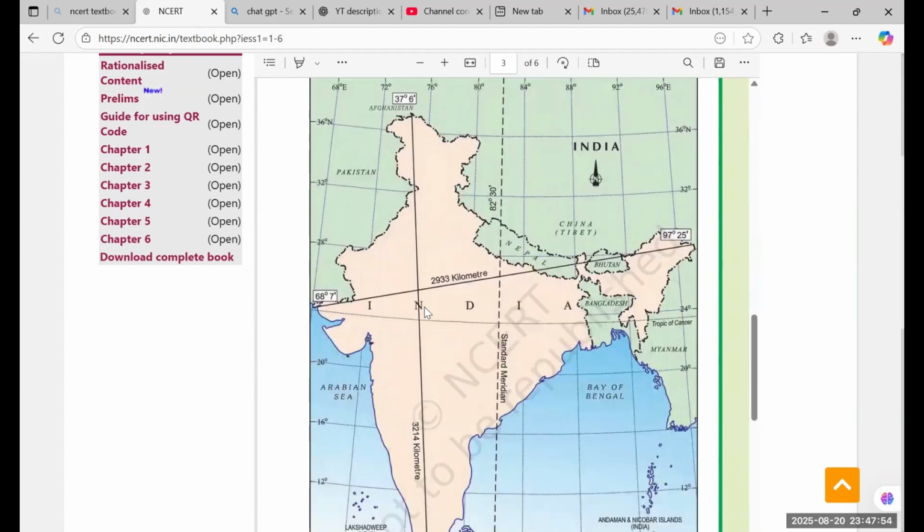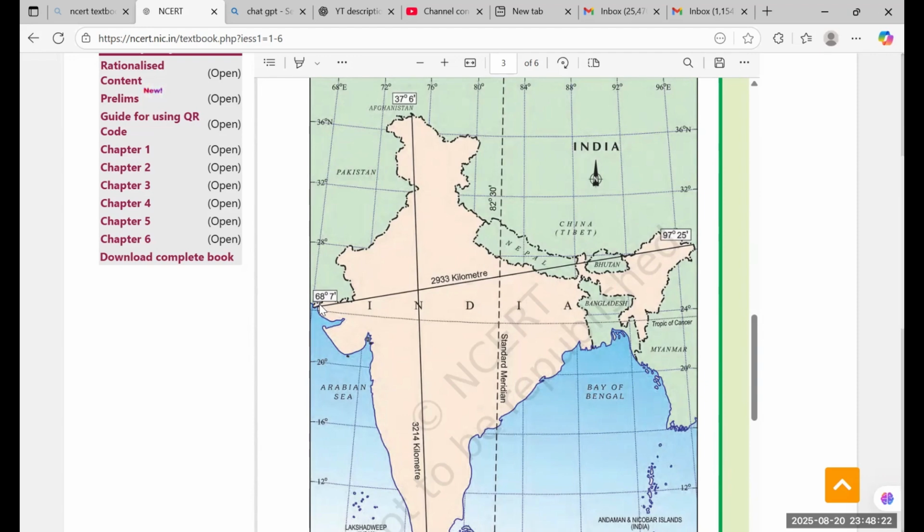When the sun rises at Arunachal Pradesh, it is taken as its local time. After 2 hours only, Gujarat is able to see the sun. So if we are referring to the sunrise time, we are talking about the local time.